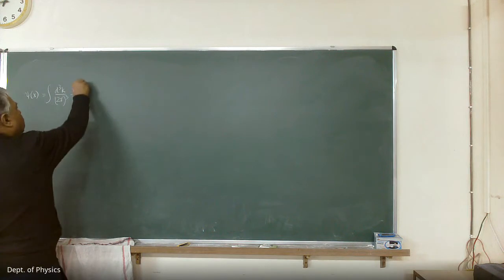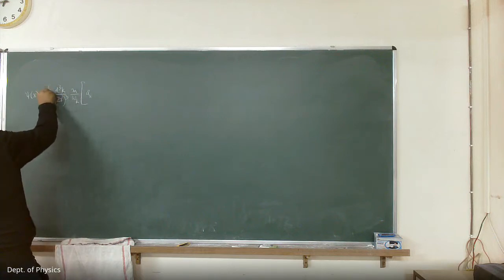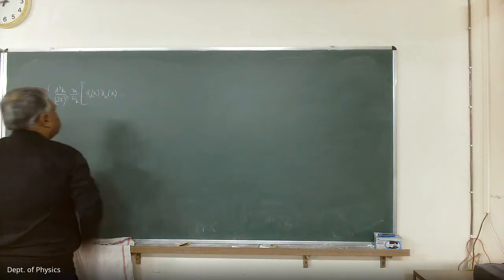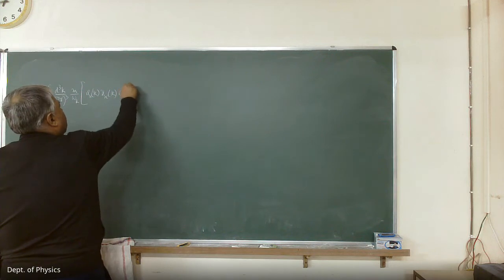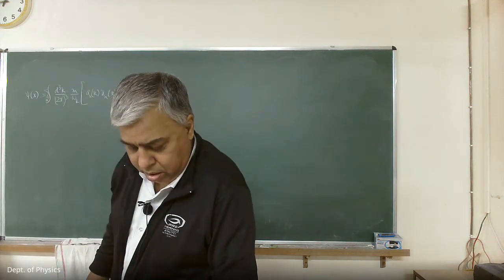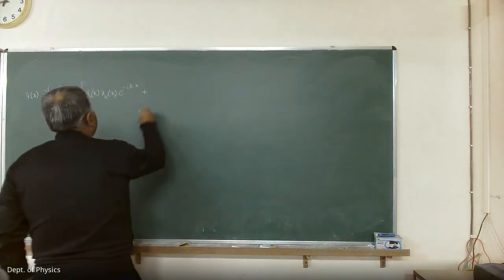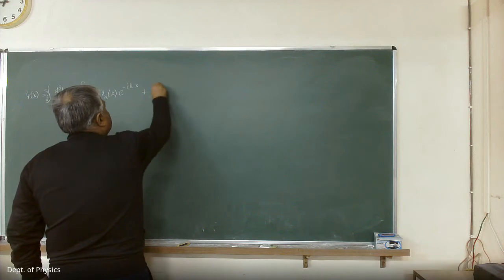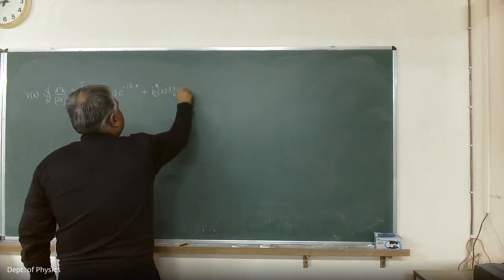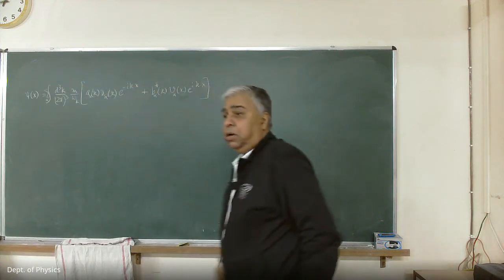Summation over alpha, D alpha K, e to the power i K dot X. Okay. That's how we started.